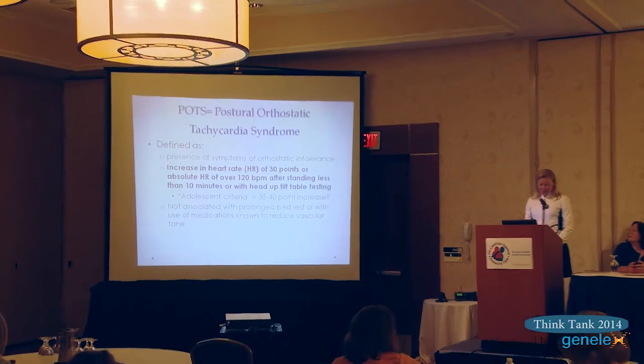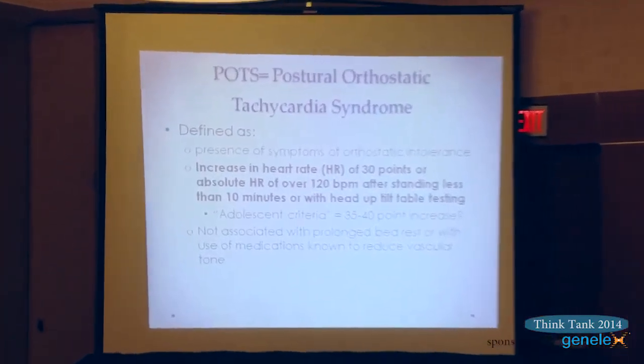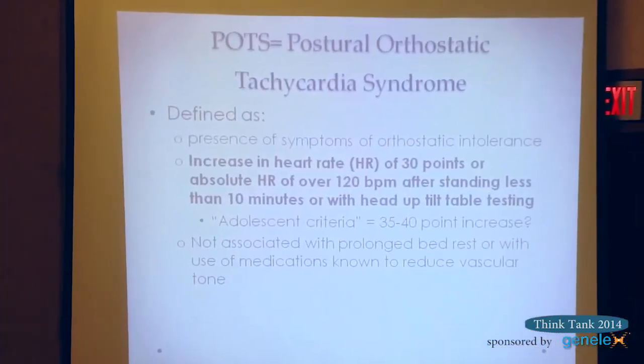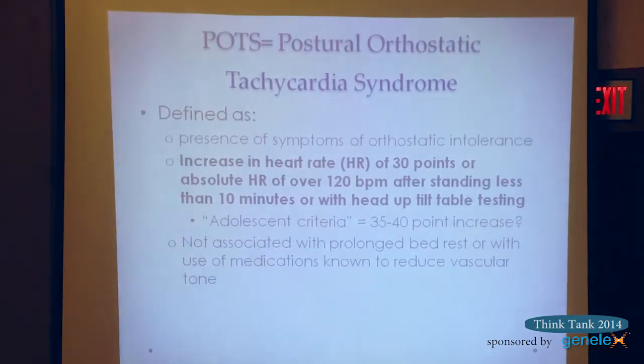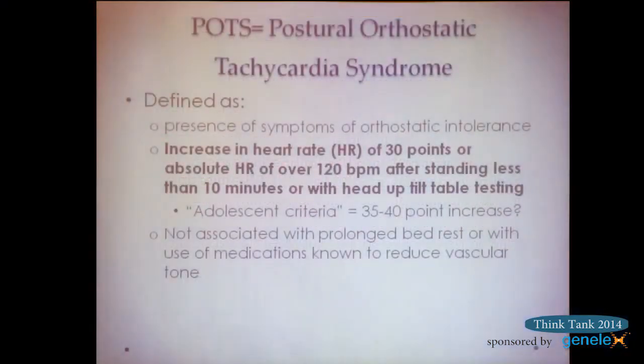So POTS actually has a very strict definition. This is the sort of minimum criteria that we have established over time. It is defined as the presence of symptoms of orthostatic intolerance. So it's not just numbers, you actually have to have symptoms, and that's something that I get questions about all the time.